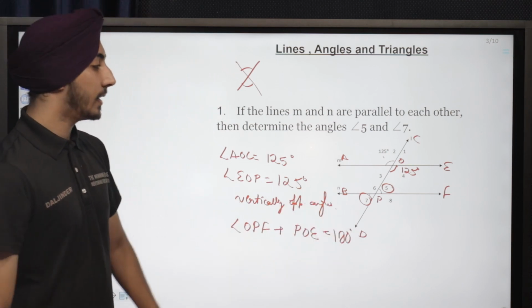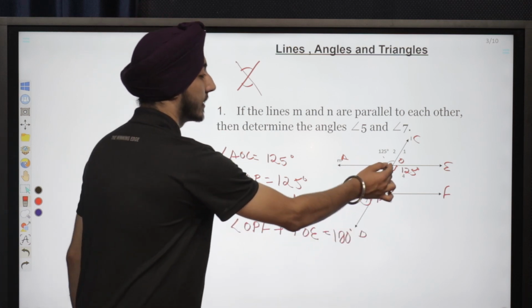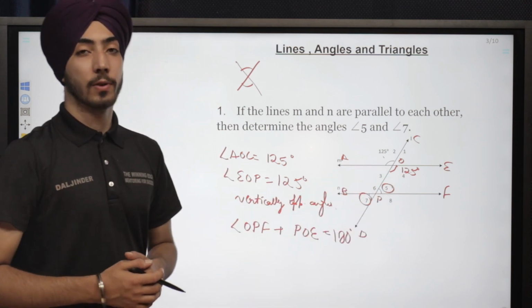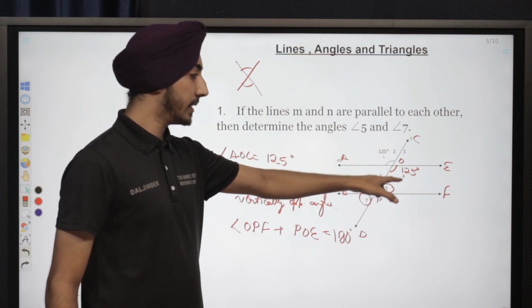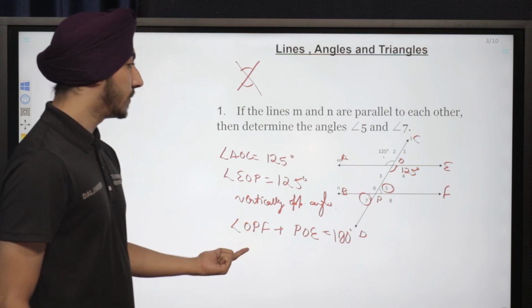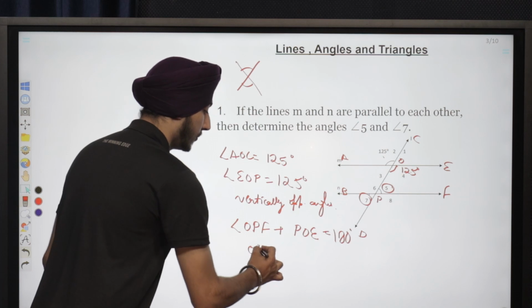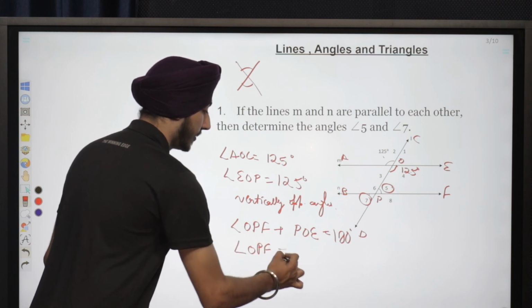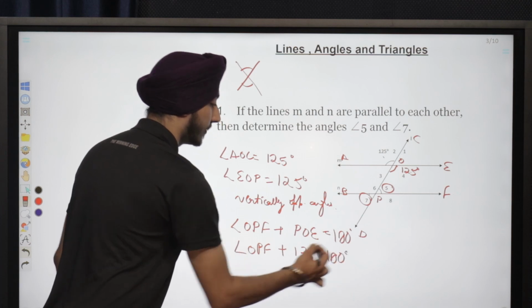Now this is a sum that corresponding, or what you can say, consecutive interior angles sum is 180 degree. That is, if there are any two angles between parallel lines on the same side, then on adding them up we get 180 degree. So we know the value of angle POE as 125. So OPF plus 125 equals to 180 degree.